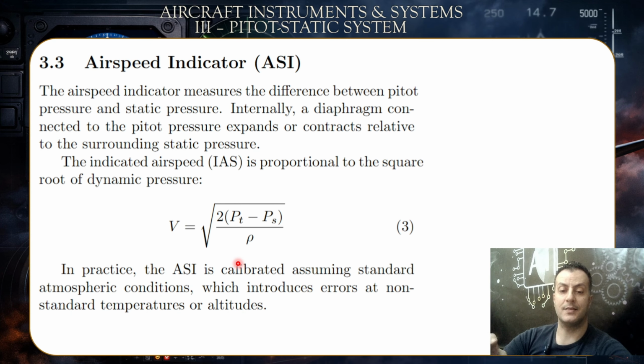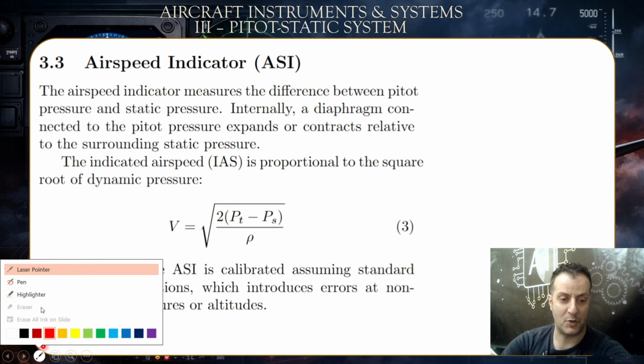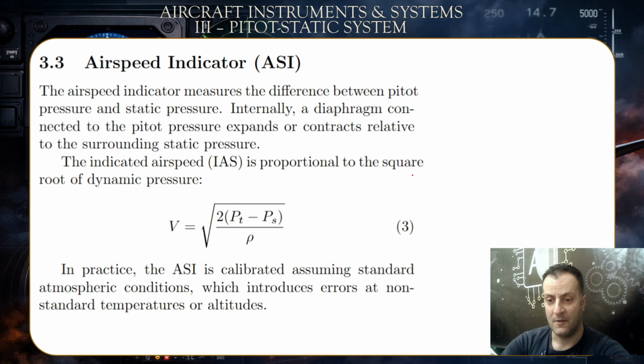If I want to resolve it, this is the application of the same equation that you've seen before. So we have P total equal to PS plus Q, which is 1/2 rho V squared.